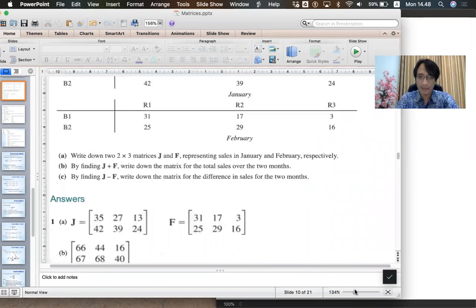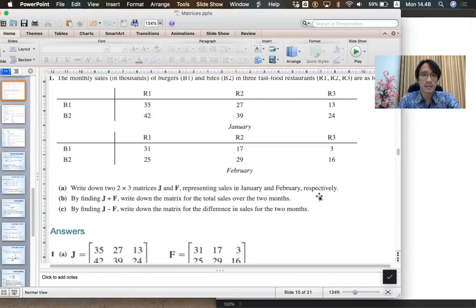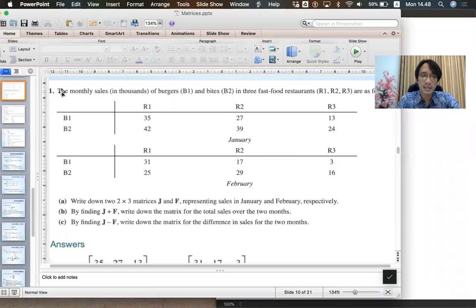If you see this one, let's see the description first.